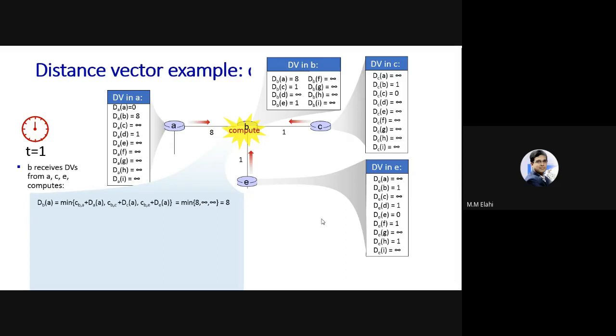Now applying all these, if you write down the values, you will get the first value CB to A is 8, right? Plus D A to A is 0. So 8 plus 0. Then second value CB to C is what? 1.